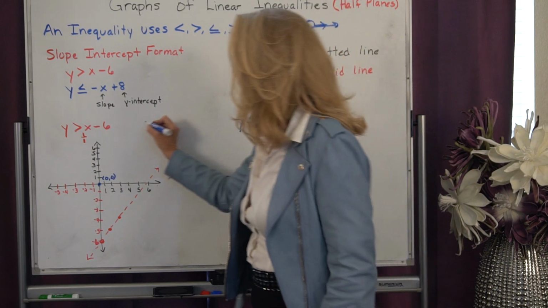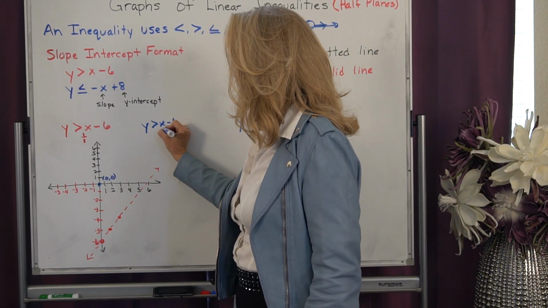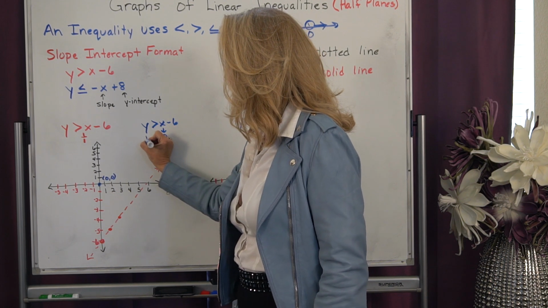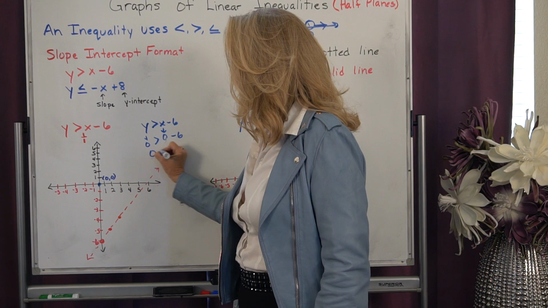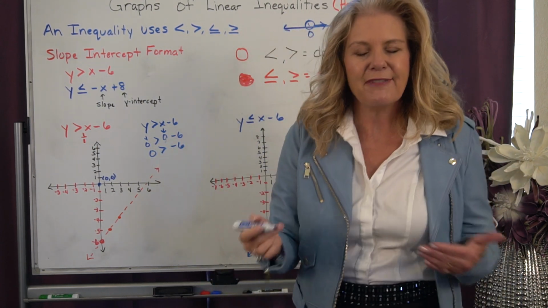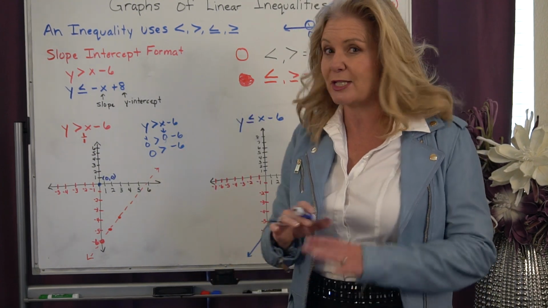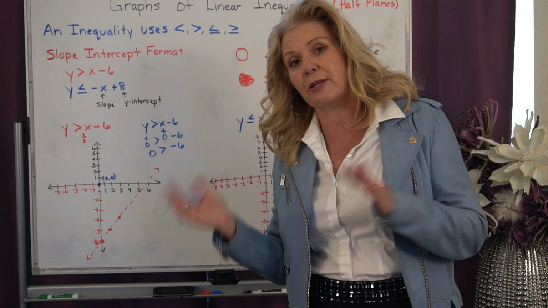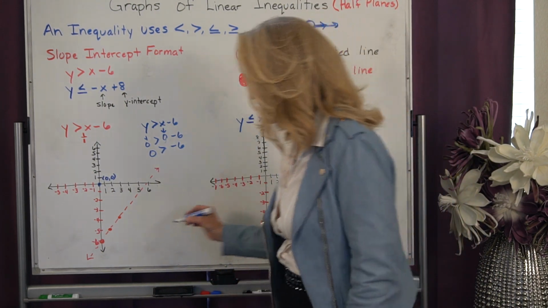So what I do is I'll take that equation and I'm going to plug 0 in for x and I'm going to plug 0 in for y. And I solve it. Is 0 greater than -6? And if it is yes, it is, then I color that side. If it was no, then I wouldn't. I color the other side of the line. Well, in fact, 0 is greater than -6.